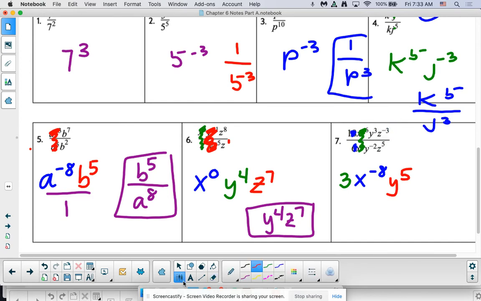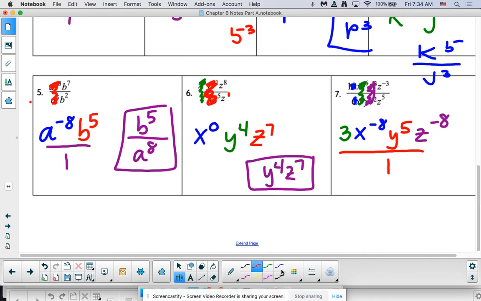And again, with our last one here, just focus in on the z's. Negative 3 over z to the 5th. Negative 3 minus 5 is z to the negative 8. All right. So remember, folks, this is really over 1. So I got to rewrite it with positive exponents.